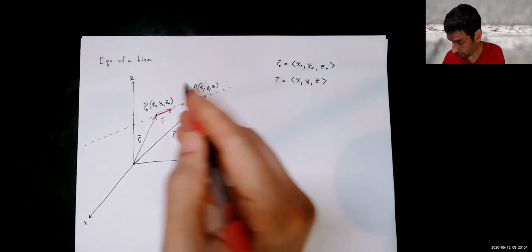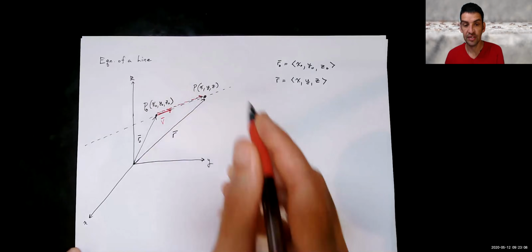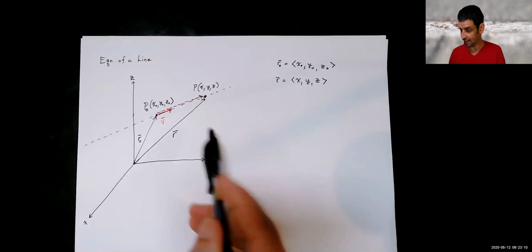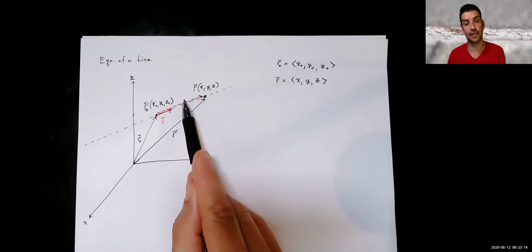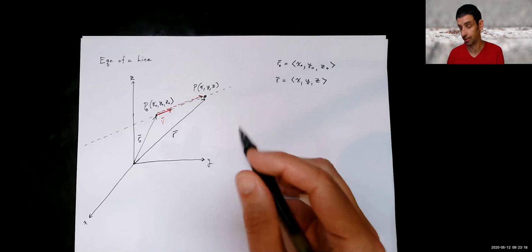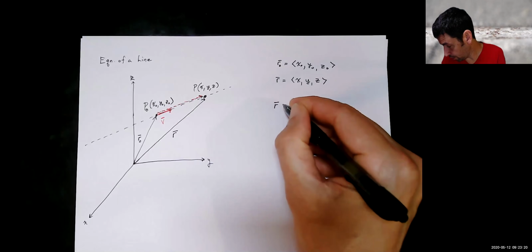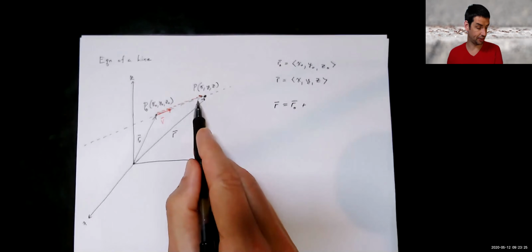Maybe I'll draw this in with a little dotted red to make it show up a little more. If I take r naught plus this vector along this line here, if I add them together, I get r. So r will be equal to r naught plus this vector here.